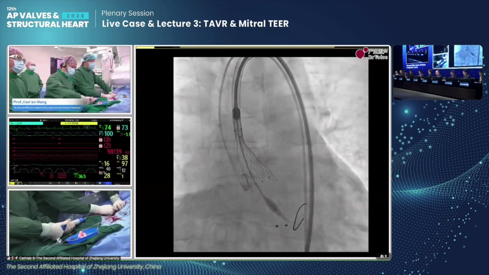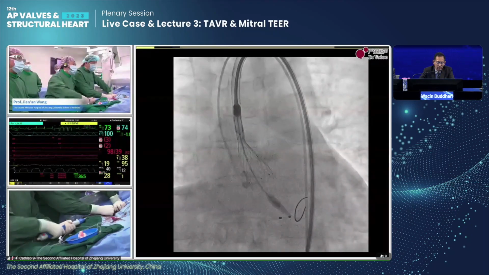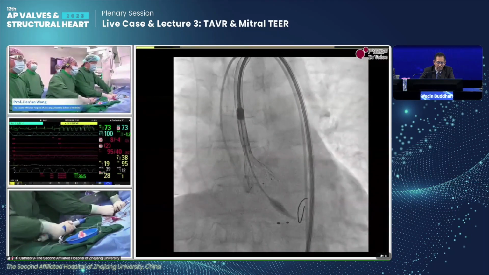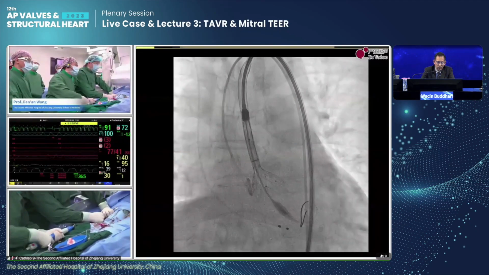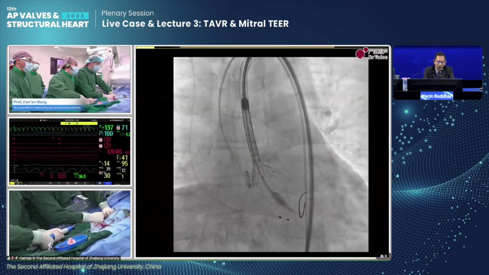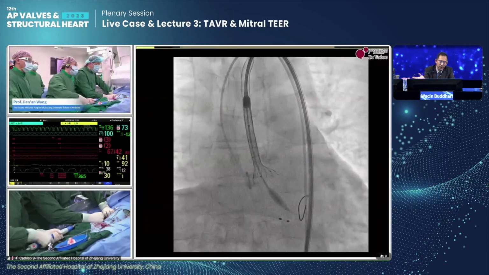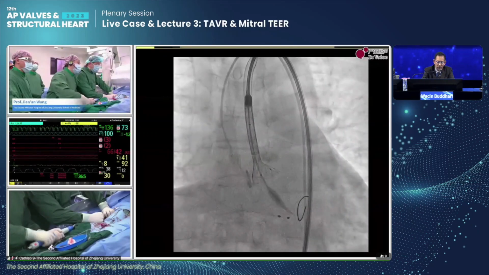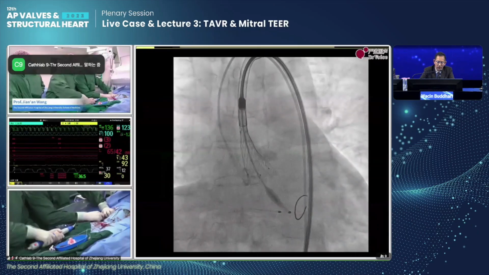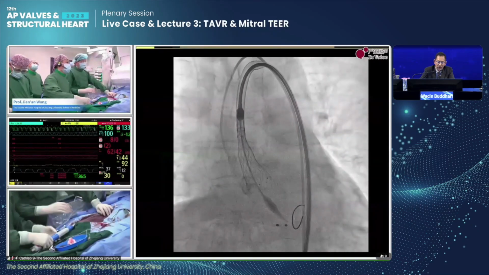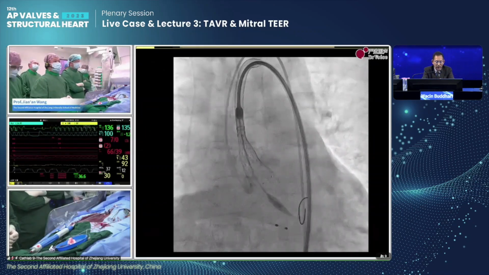It could be acceptably low, but if you could recapture and reattempt, it would be better. What I would do differently: if, during recapturing, the system lies toward the greater curve, you would have better coaxiality with the annular plane. If not, then make a second attempt, like he just did.